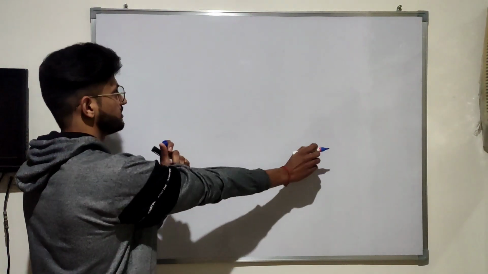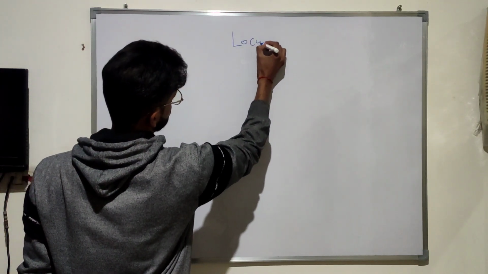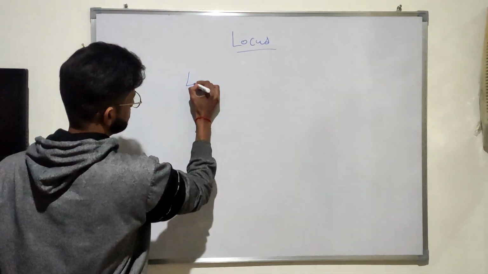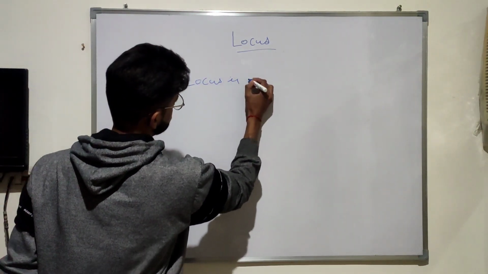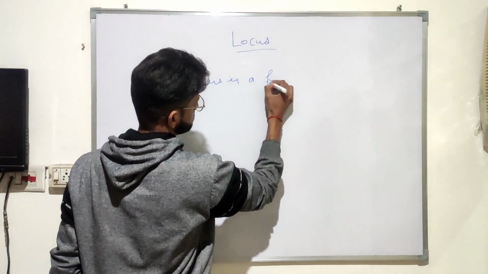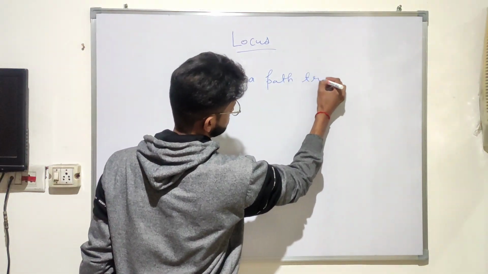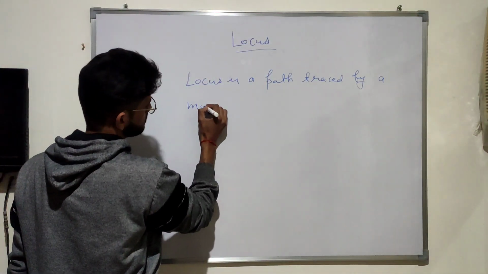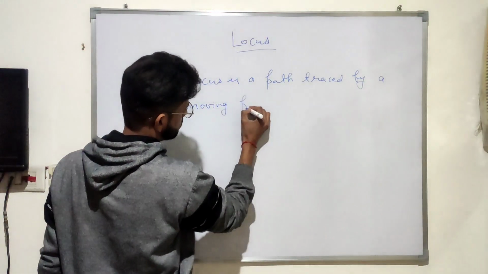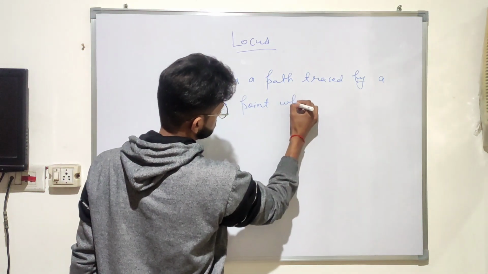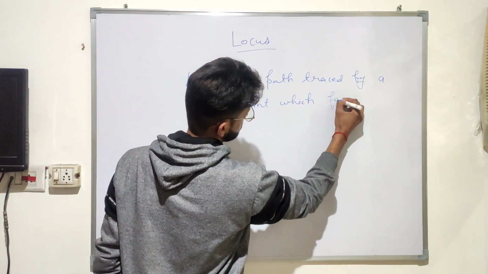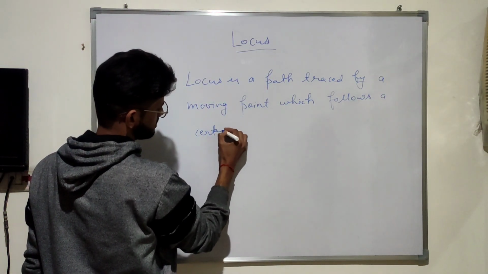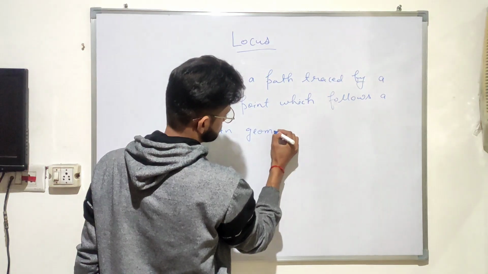We will discuss all the important points related to a locus. So today's topic is going to be locus. If I have to write the definition for locus, then it will be something like: locus is a path traced by a moving point which follows certain geometrical conditions.